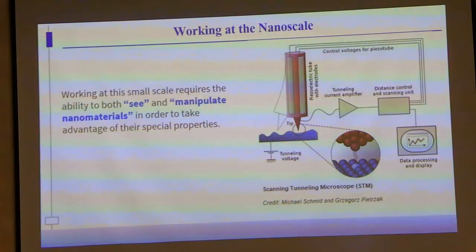So when we talk about nanomaterials or nanotechnology, there are two things. How can we see them? How can we fabricate or synthesize them? So, to see and manipulate material. For example, if we are not able to visualize, then we will not find out anything about nanomaterials.